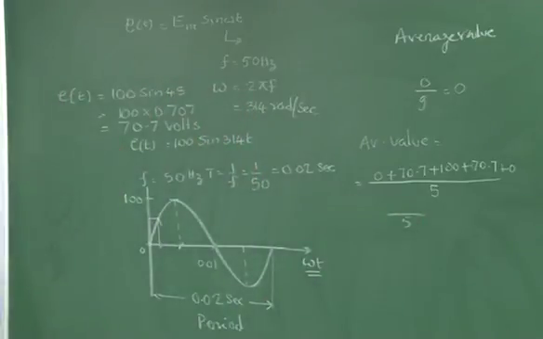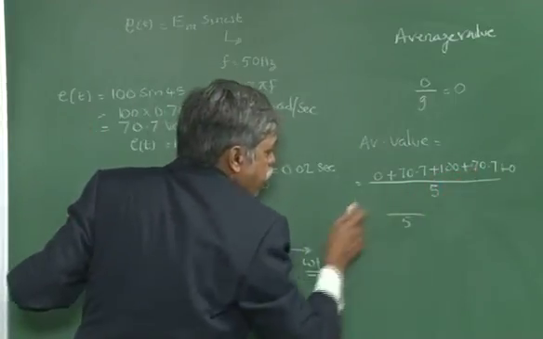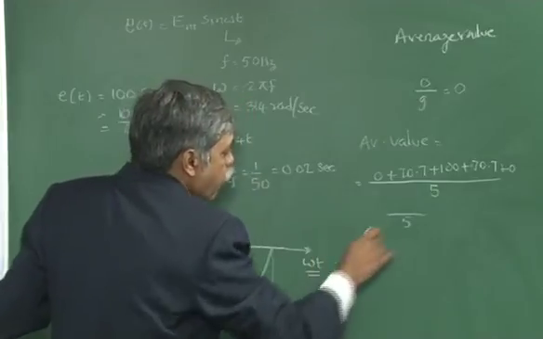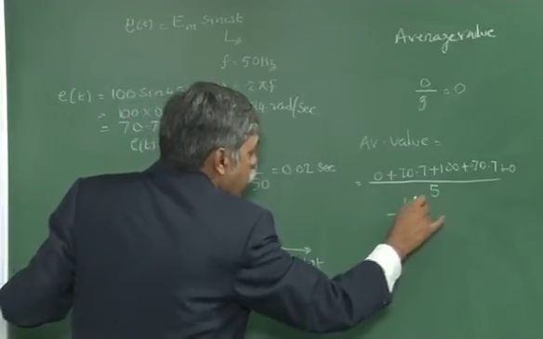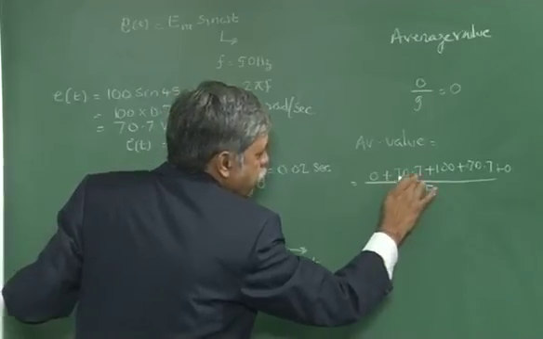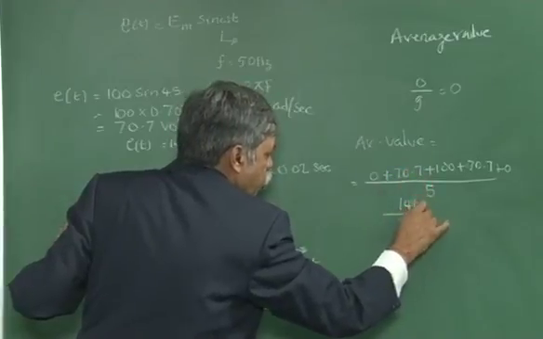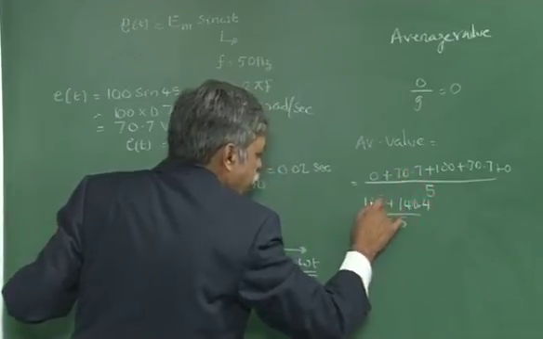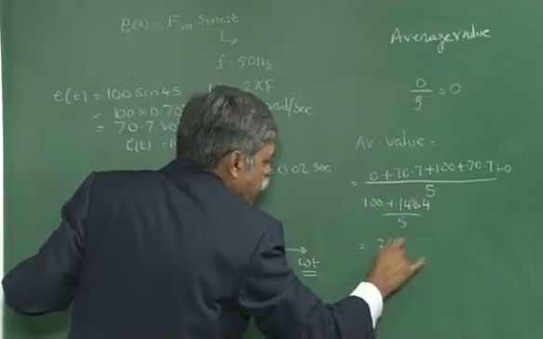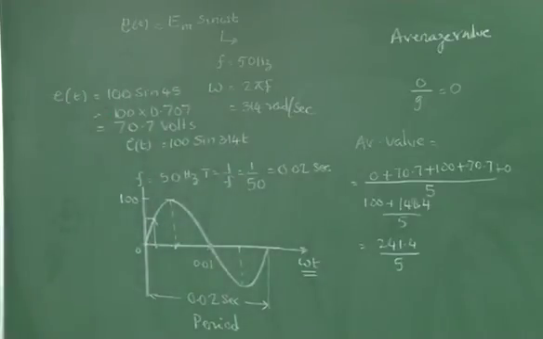Can we say, around, 70.7 plus 70.7 will give you 141.4 volts, plus 100 gives around 241.4 volts, divided by 5. This will be the average value for the sinusoidal alternating voltage over half cycle.